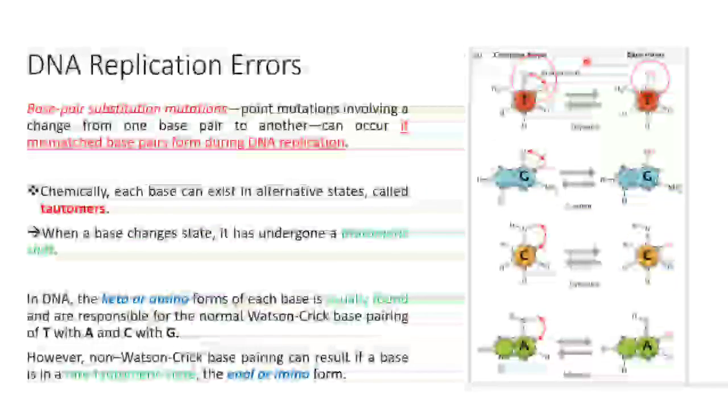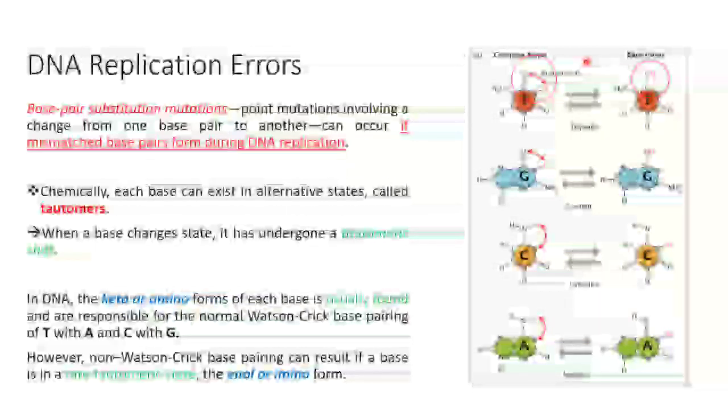We will start by taking one example. As we agreed, during the cell cycle, during the S phase, during DNA replication, spontaneous mutations or errors can occur. During this process, guys, in a base pair substitution mutation, when you substitute or replace one base pair with another, an error can be introduced at this level.